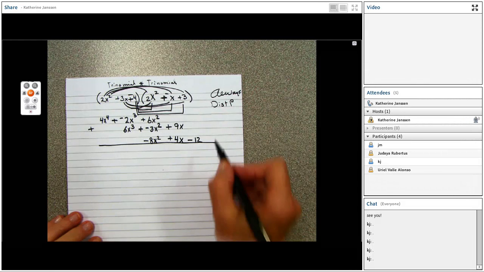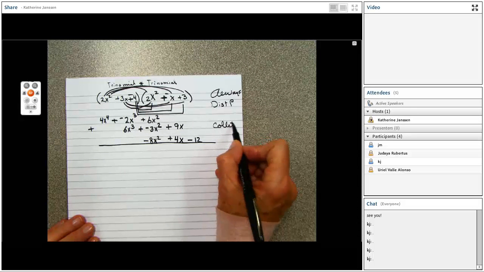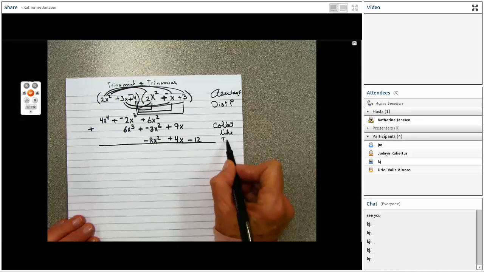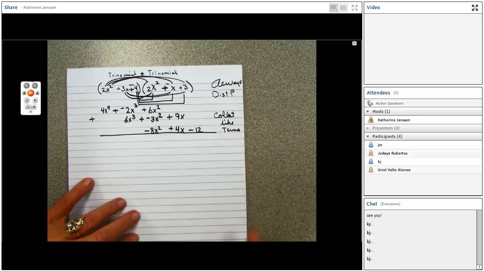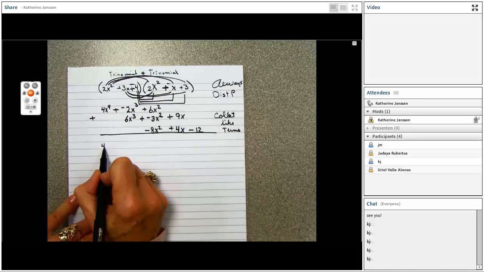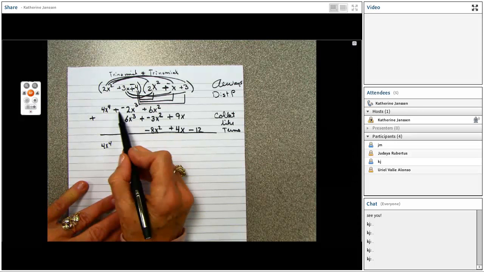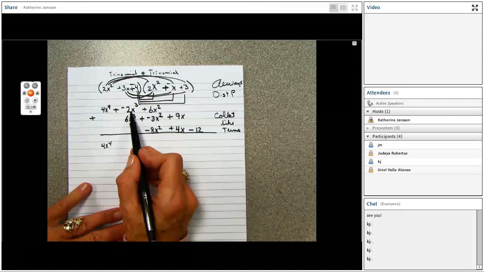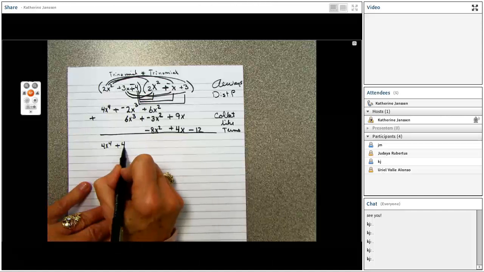Now we're going to collect like terms. For x to the 4th, I have 4x to the 4th. I have 6x cubed, subtract 2x cubed, I'll get a positive 4x cubed.